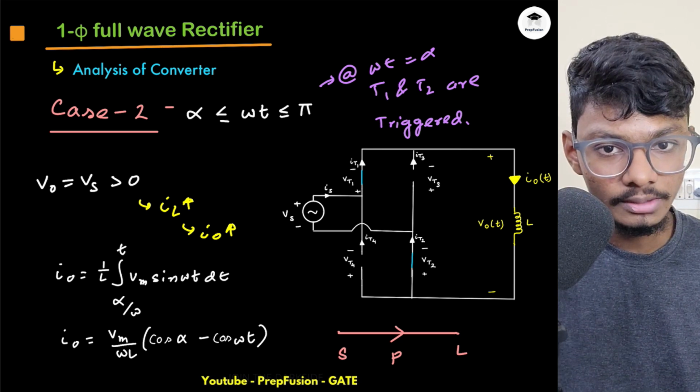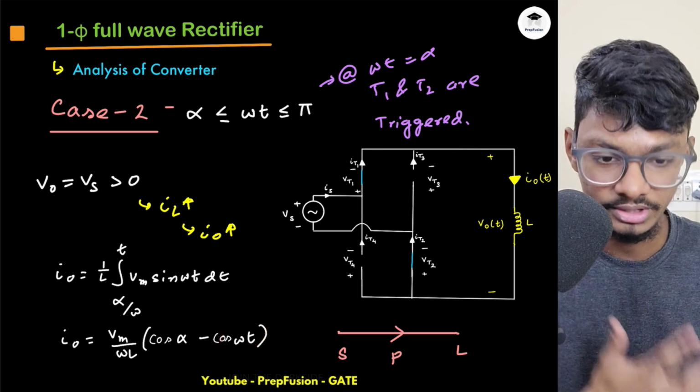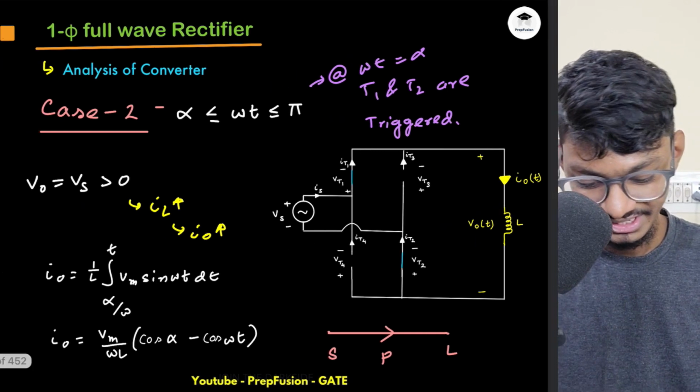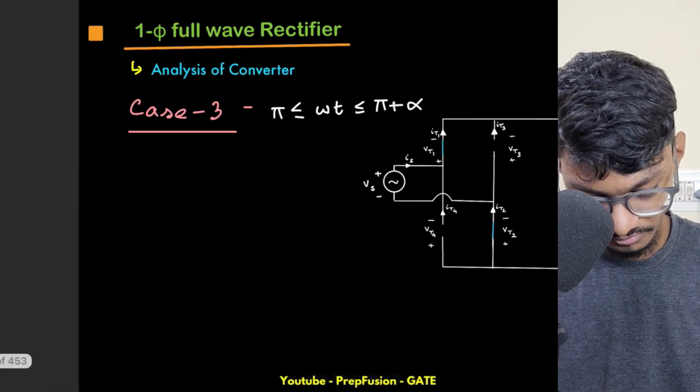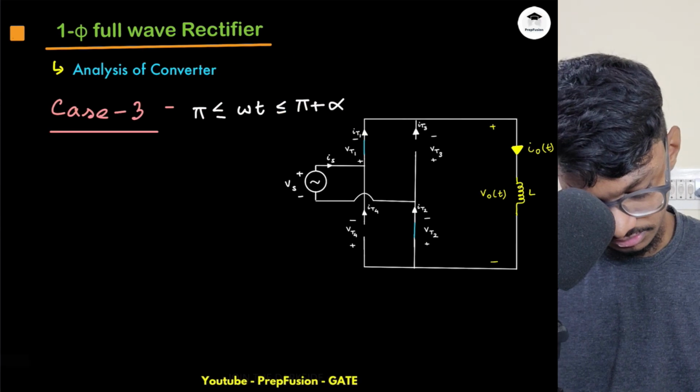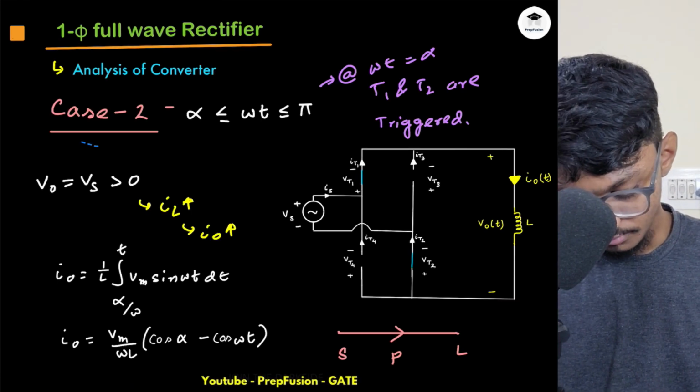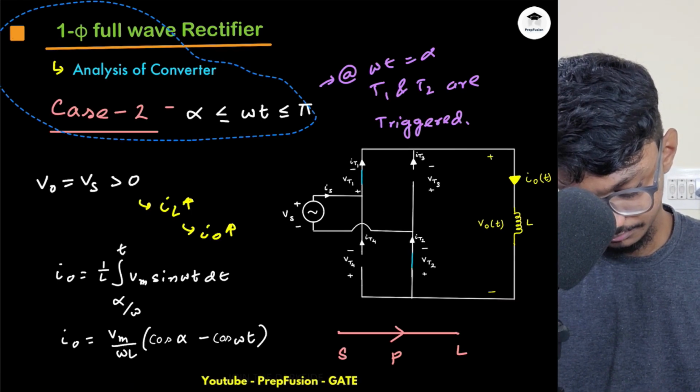Why will the peak occur? The peak will again occur at omega t equals pi. I will explain why.